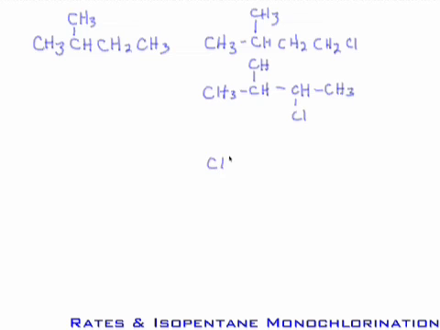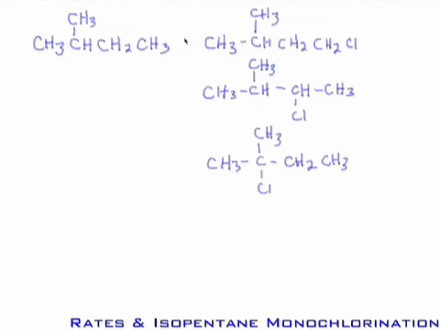And then there's the tertiary position. If I replace the hydrogen in tertiary position, I get this guy. Is that it? Well, you say yes. I've done the primary carbon, I've done the secondary, and I've done the tertiary. Be careful. Some primaries are different than others.